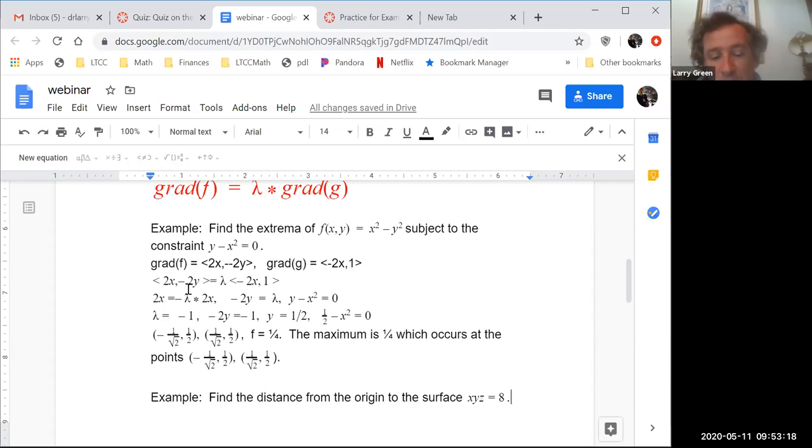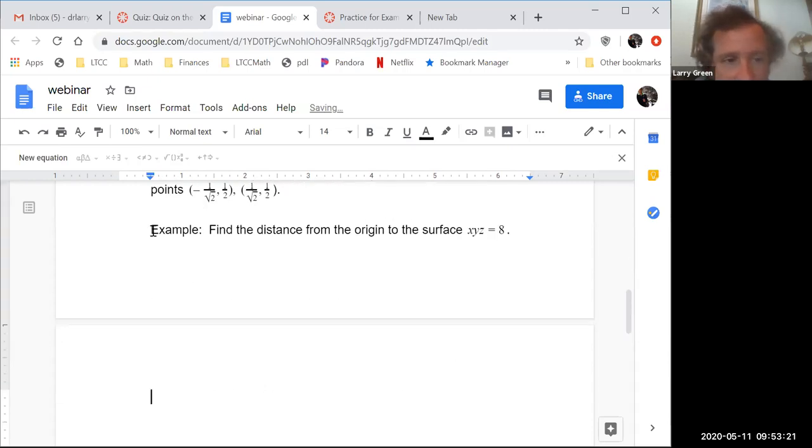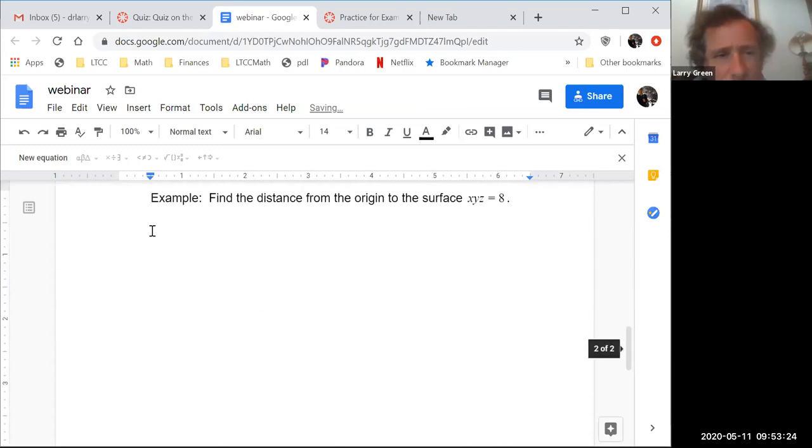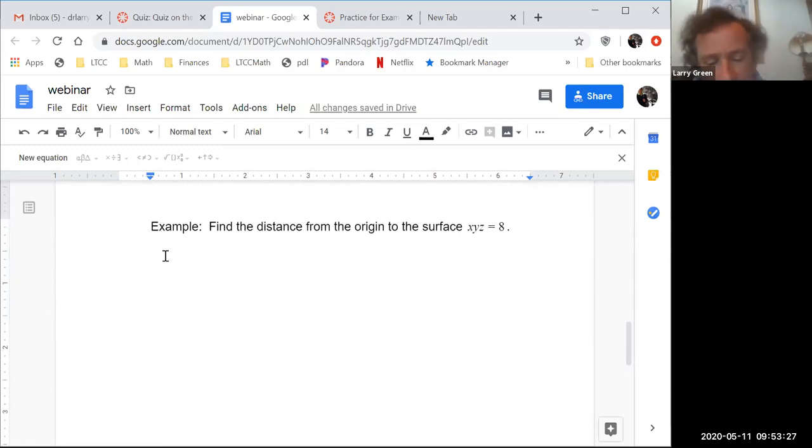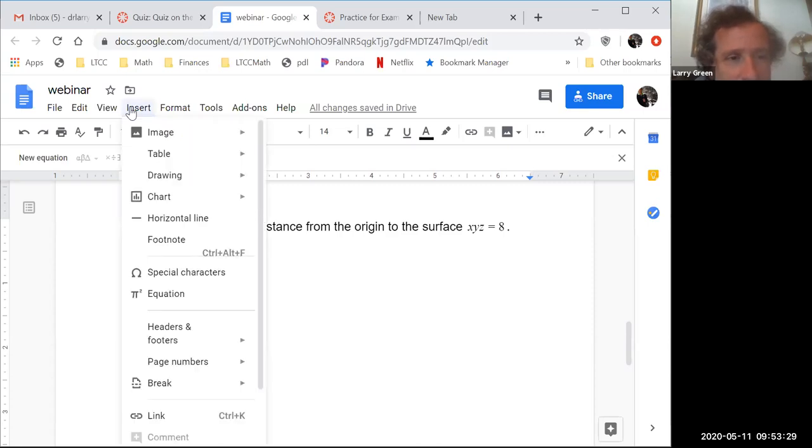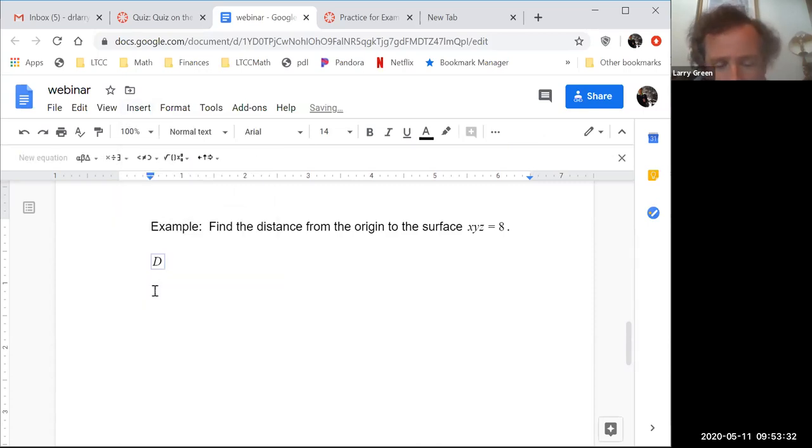So if we find the minimum squared distance, we can say that D squared, and use capital D squared so it's distance, not derivative, is equal to, well, from the origin, x squared plus y squared plus z squared. Any questions on that?